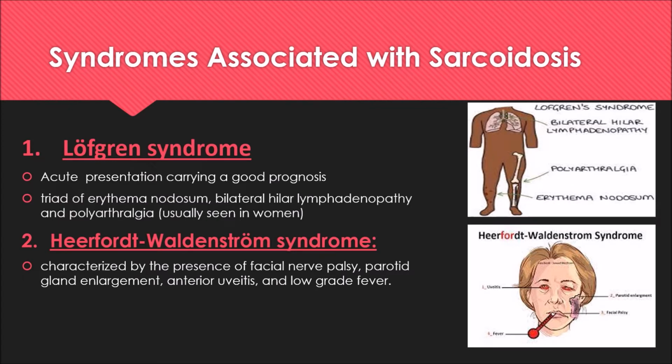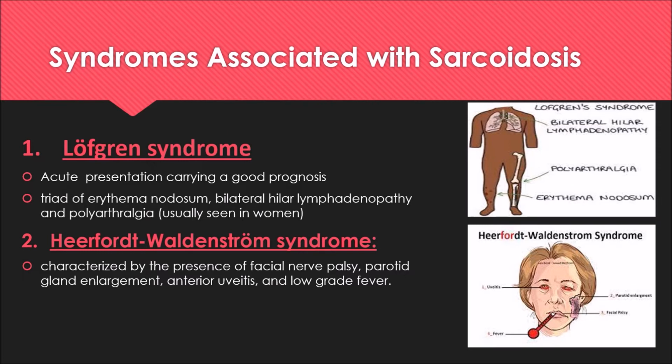So there are multiple syndromes which are associated with sarcoidosis, but we are only going to discuss a couple of them because of their association with ocular involvement. The first one is the Lofgren syndrome.